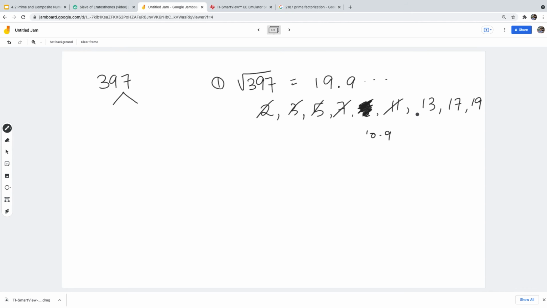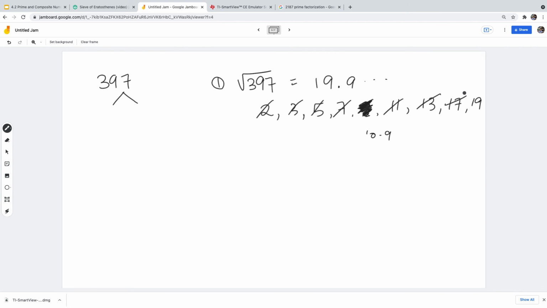How about by 13? You just do 397 divided by 13, and you get 30.53. So no, it's not divisible by 13. How about 397 divided by 17? It's also not divisible by 17 because there is a remainder.